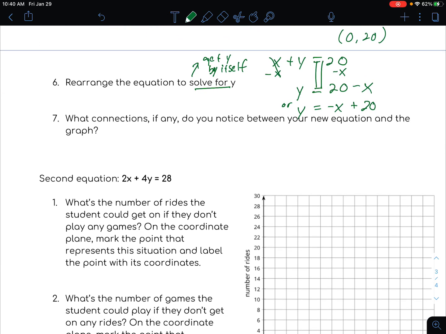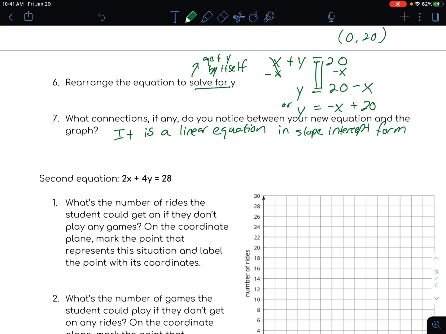So what we'll notice from this equation, now you may be used to seeing an equation a little bit more like this. So it is a linear equation. So the question is, what connections, if any, do you notice between your equation and the graph? It is a linear equation in slope-intercept form.